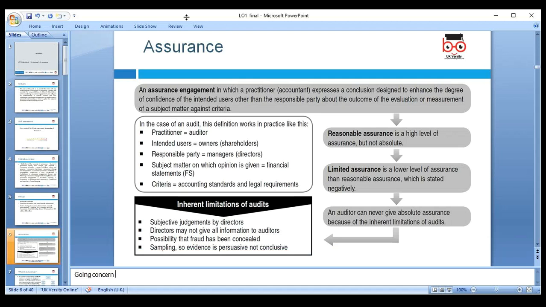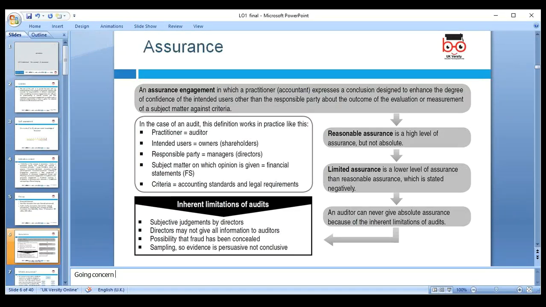Limited assurance is a lower level of assurance than reasonable assurance, which is stated negatively. The auditor can never give absolute assurance because there are inherent limitations of audit. Inherent limitations of audits can be subjective judgment by directors. Directors may not give the full information.